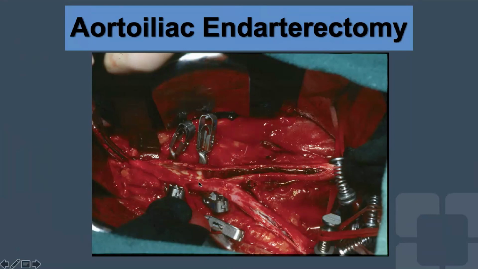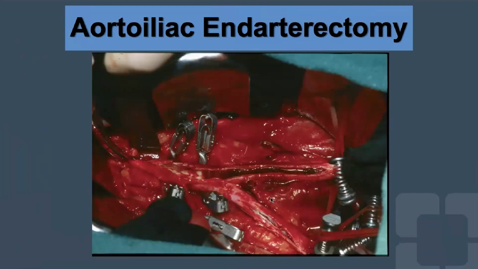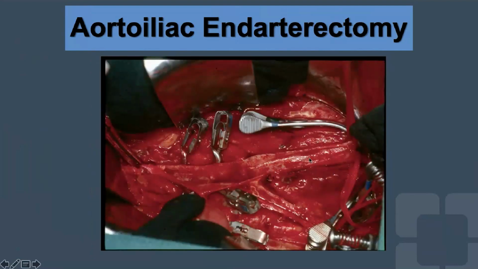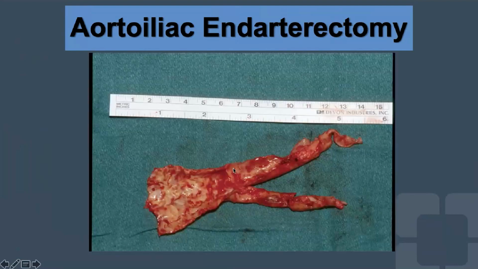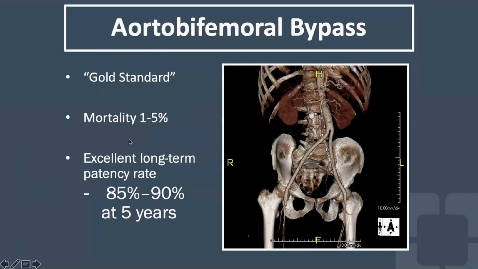The aortoiliac disease has been endarterectomized, and you can see the thickening here. The total endarterectomy specimen has been removed, and then the aorta is reapproximated. Sometimes these are patched, and in this case, there was a primary repair performed.